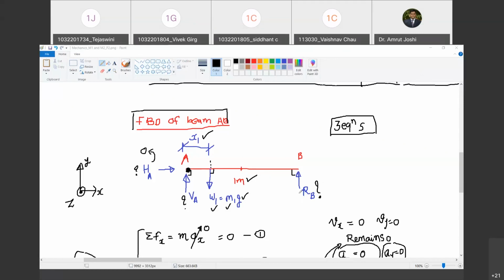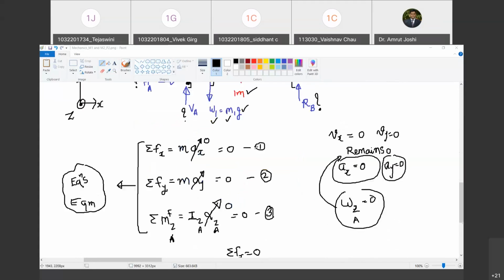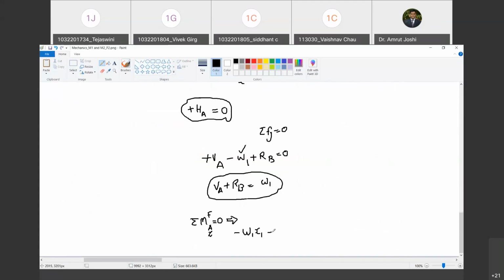Yes, sir. So shouldn't it be RB multiplied by 1 meter? Yes, sir. M1G is W1. That has nothing to do with RB. Do you agree with me? Yes, sir. So it will be RB multiplied by 1 meter. But what is its sense? Is it anti-clockwise or clockwise? Anti-clockwise. So I will write it as plus RB into 1 meter. Happy? Yes, sir.